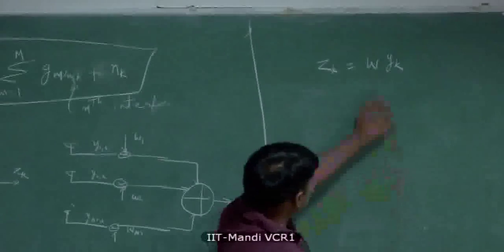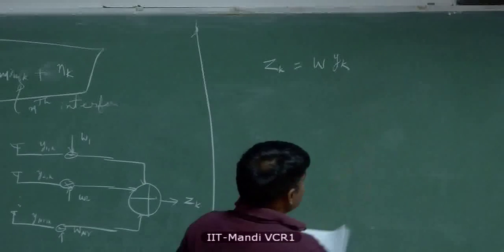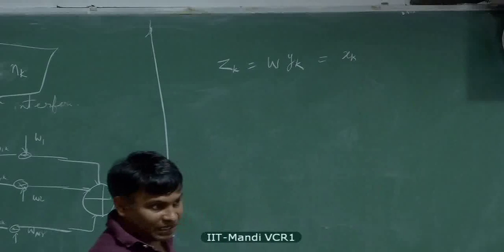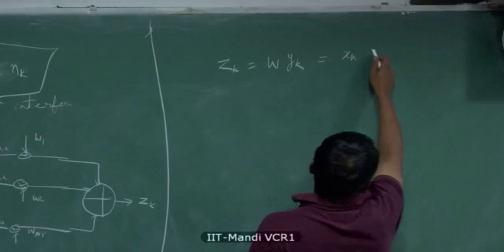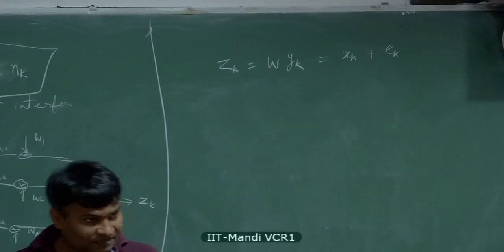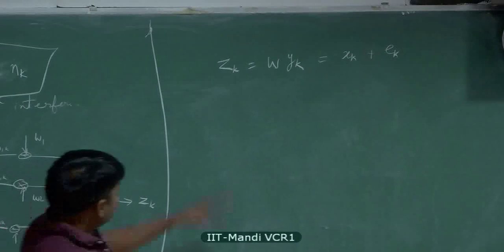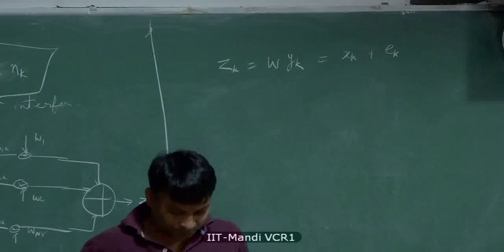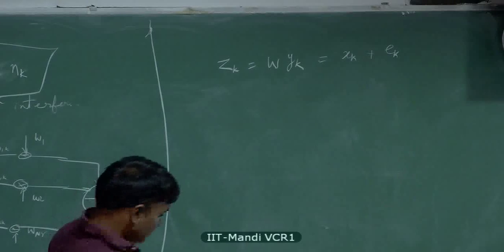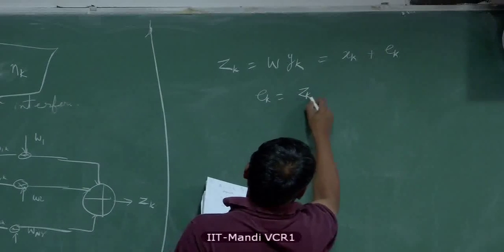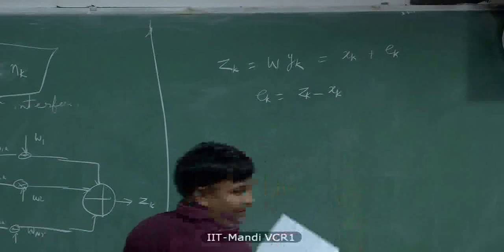And as I said before, after filtering, you should end up with your desired signal xk plus some error ek. That's the job, right? After filtering, you should get your original constellation back with some error. Alternatively, ek is zk minus xk.